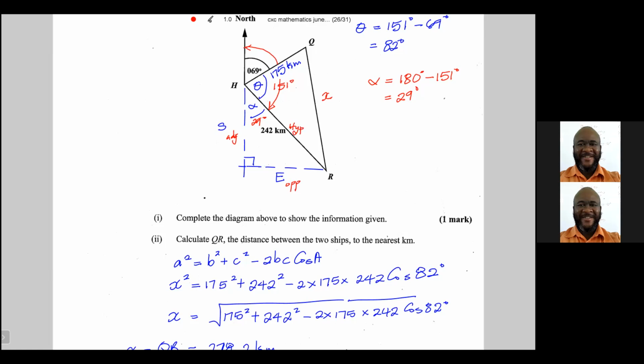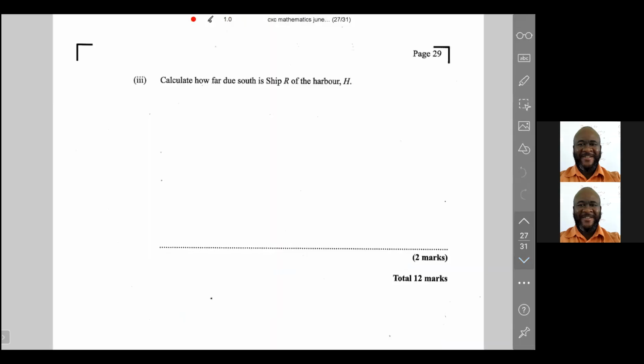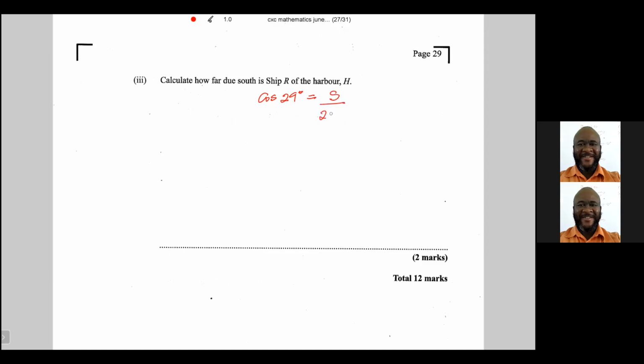The trig ratio that includes adjacent and the hypotenuse is cosine. So let's find that distance S. I would say that the cosine of 29 degrees is equal to the adjacent side, which is S, over the hypotenuse, which is 242.